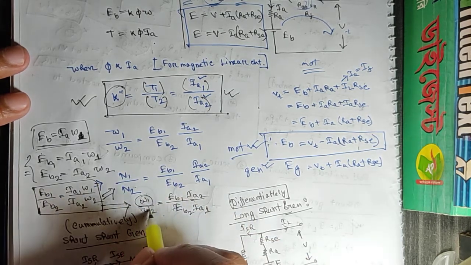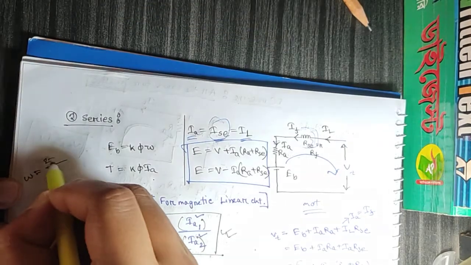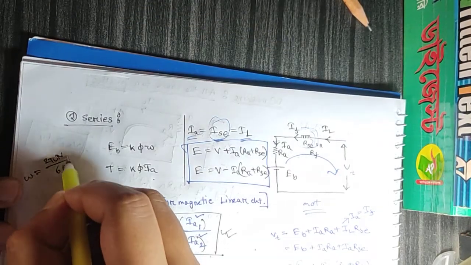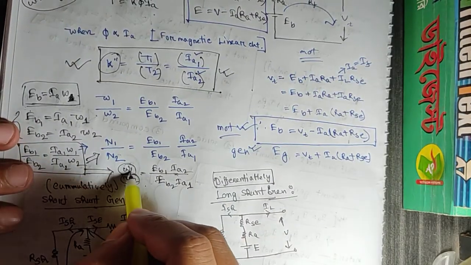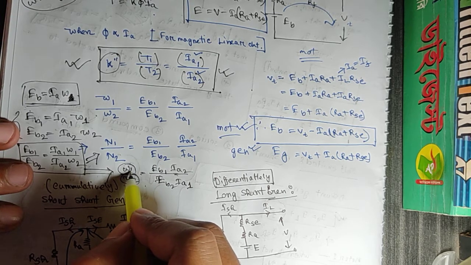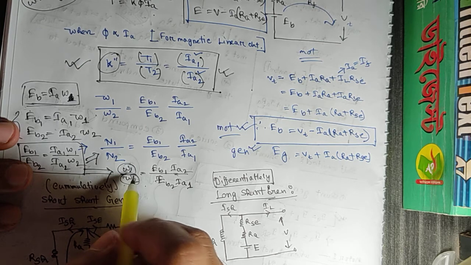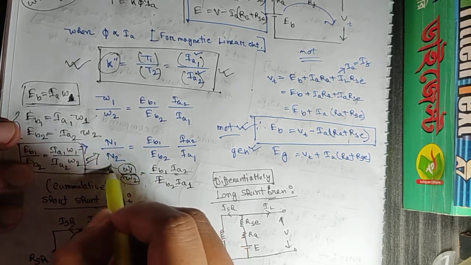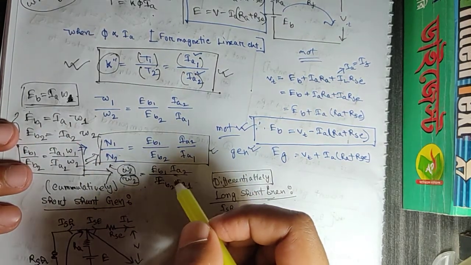But in case of omega, since we know omega is equal to 2 pi N by 60, if you put 2 pi N by 60 instead of omega, you can write it as this one. So this is the main equation from where you can find the rotation of the armature.